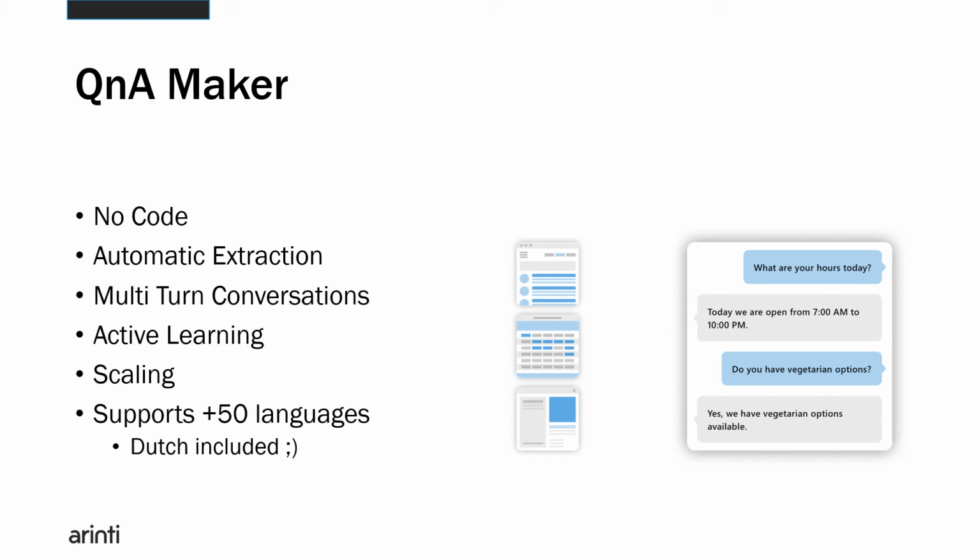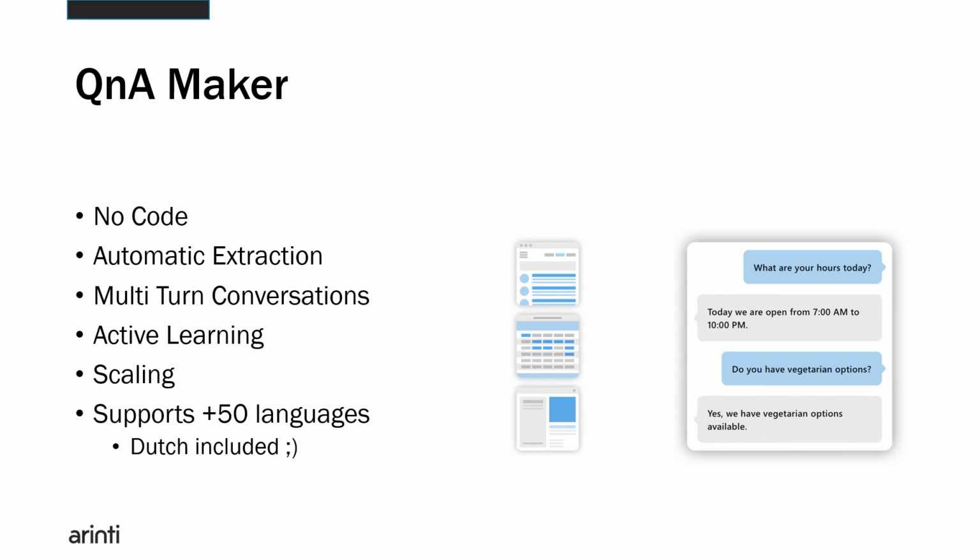Another option is that when two questions are very close to each other in confidence, the bot will ask, did you mean this one or did you mean this one? Based on that, it will help your Q&A Maker get smarter, to get to the correct answer.